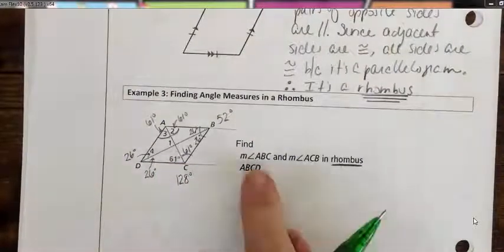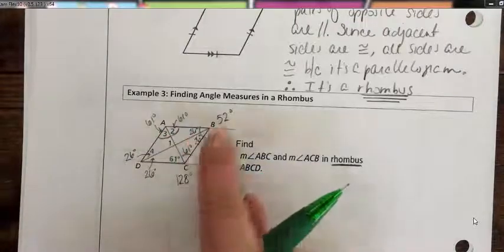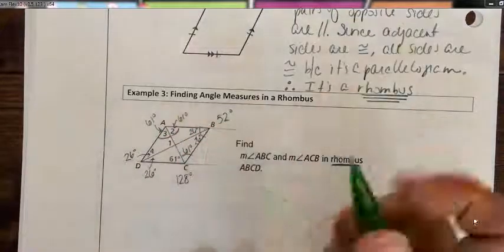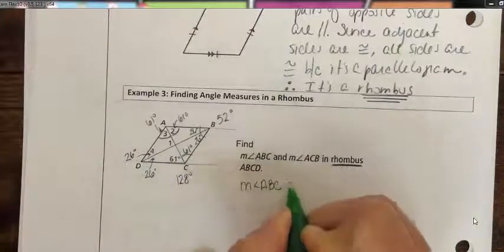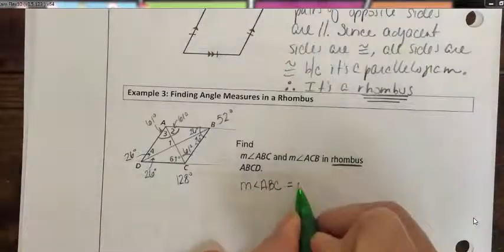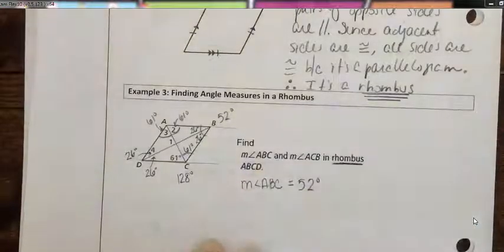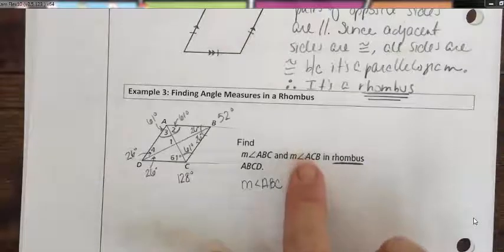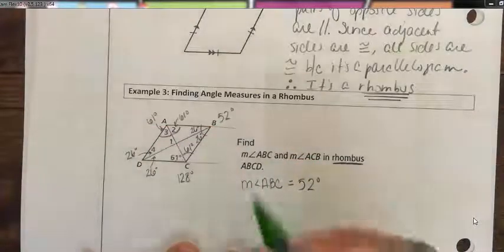What is it asking me to do? Find the measure of angle ABC. Oh, that was just 52 degrees. And then the measure of angle ACB. ACB was going to be 61 degrees.